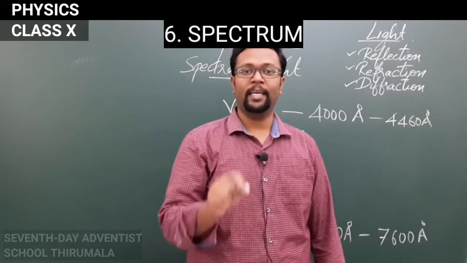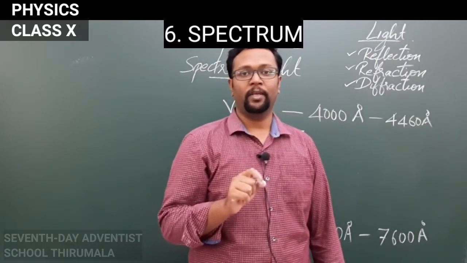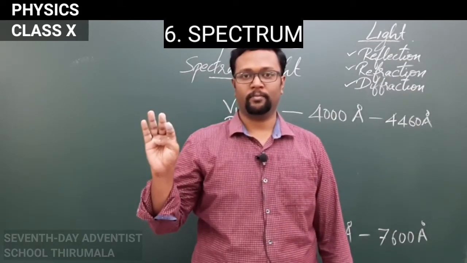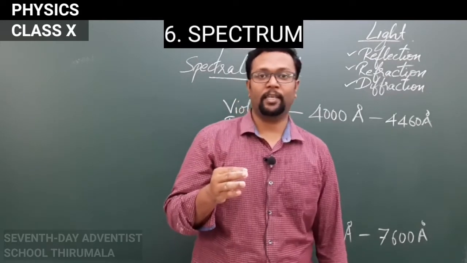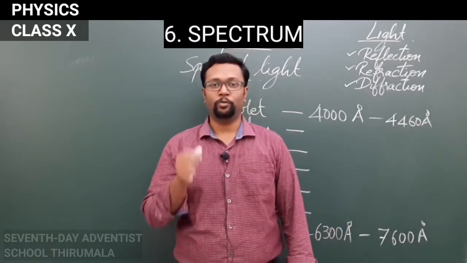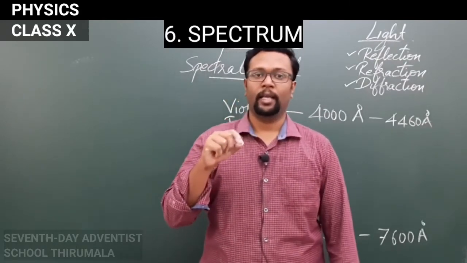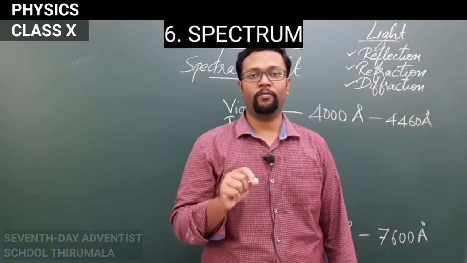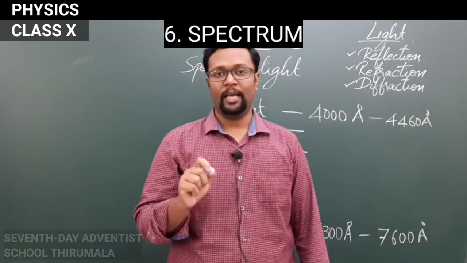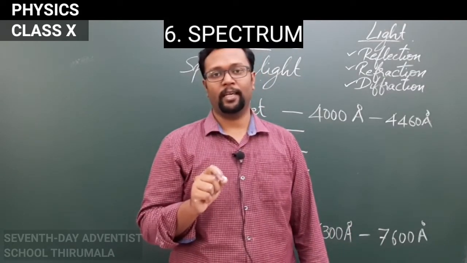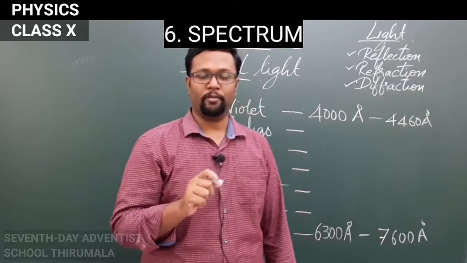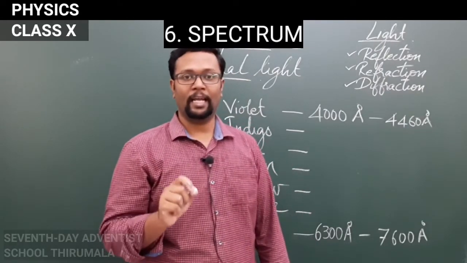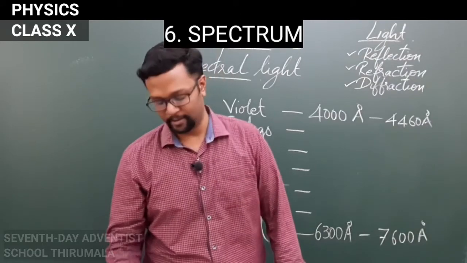Light is actually a transverse wave which has crests and troughs. And crests and troughs are arranged in such a way that two types of disturbances are there: electrical and magnetic disturbances in the transverse wave of light. And we call such waves electromagnetic waves.